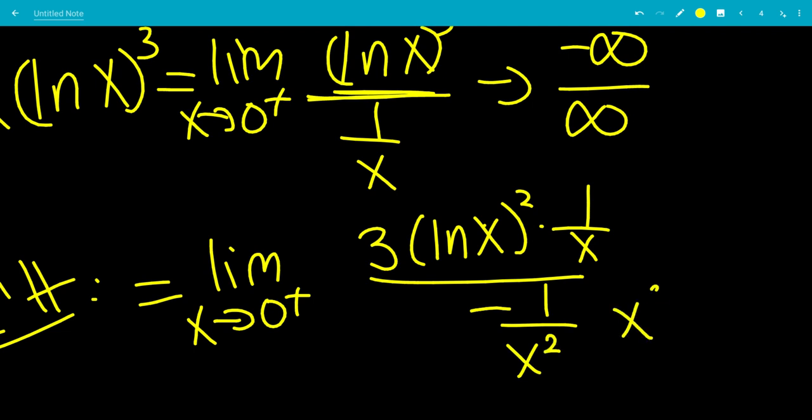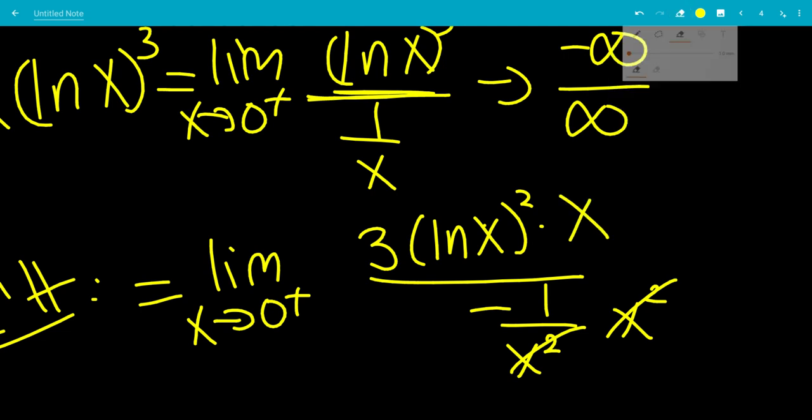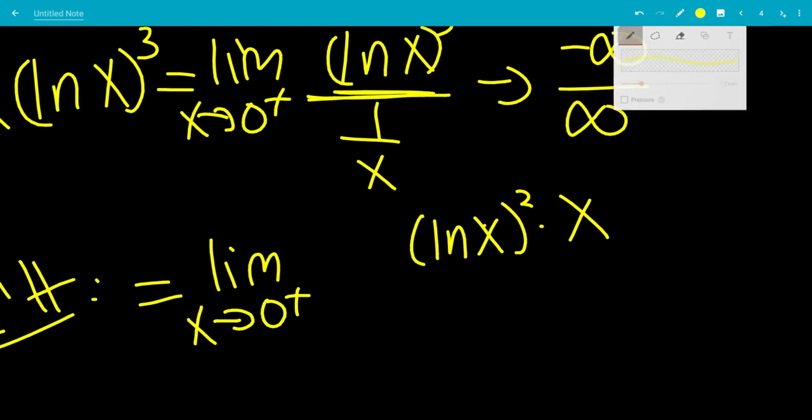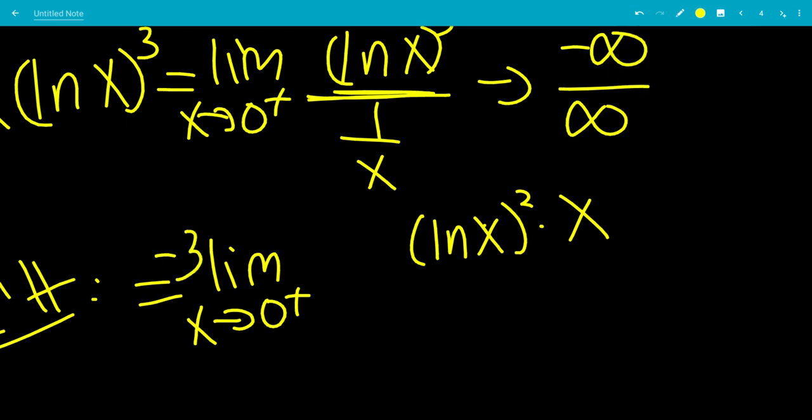Again, we can move x squared to the front, top. x squared over x squared will cancel, x squared over x will turn to x. Okay, so we'll be left with negative 3 on the outside, so negative 3 times this limit, which is x times ln x quantity squared.